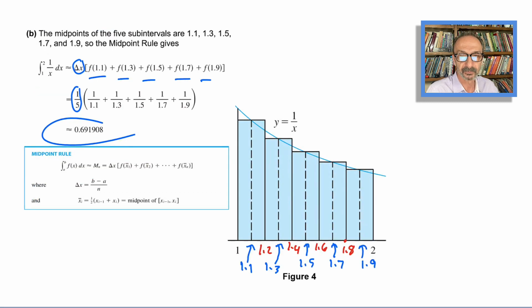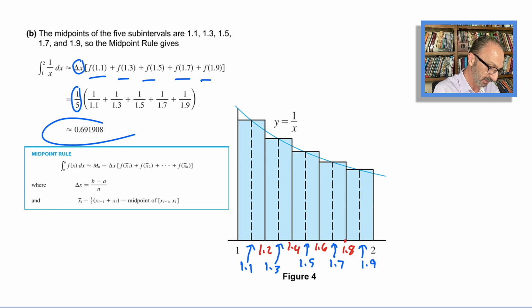Moving on. For part B, we're doing the midpoints. Well, if I have 1 and 1.2 and 1.4, 1.6, 1.8, and 2, the midpoints are in blue down below. As you could see, that's the midpoint. Between 1 and 1.2 would be 1.1. Between 1.2 and 1.4, it will be 1.3, and so on.